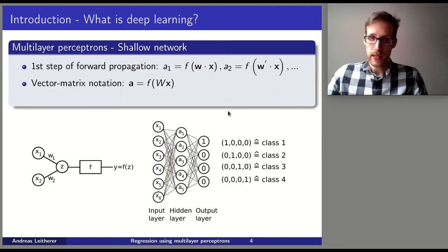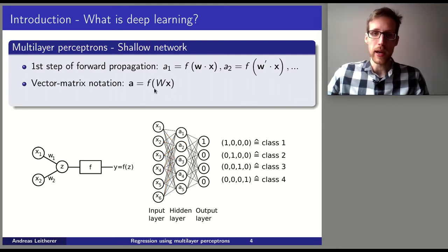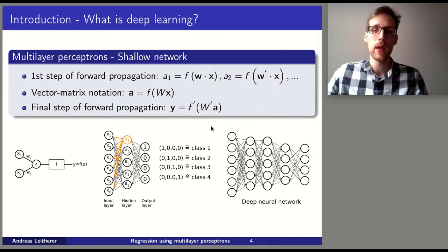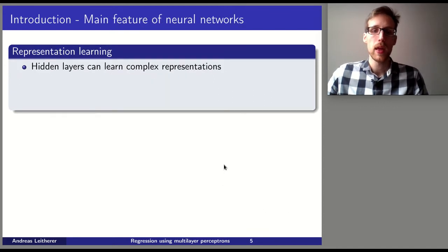And then you can summarize that in vector matrix notation like this, with a weight matrix w and the vector of activations a. And finally, to calculate the output y, you do the same thing as before. You have a different weight matrix w prime and different activation function f prime. So this would be a very shallow network, only one hidden layer. A deep neural network would be something which has at least 2 hidden layers.